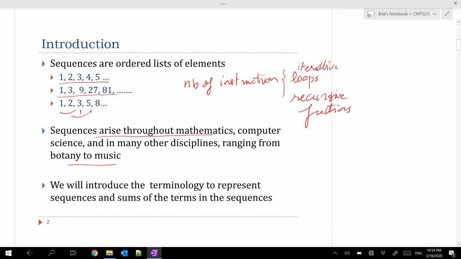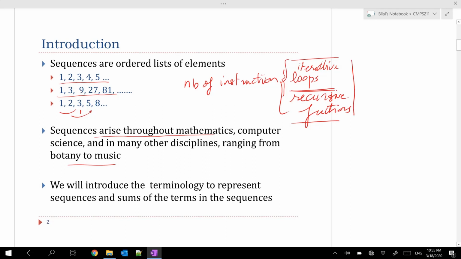If we have a way to calculate the summation of all the terms of the sequence that describes the number of instructions being executed during a certain loop or recursive function, then we can have an idea about the total number of instructions being executed by our program.